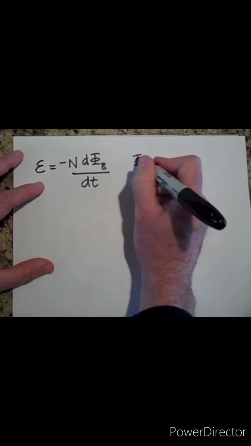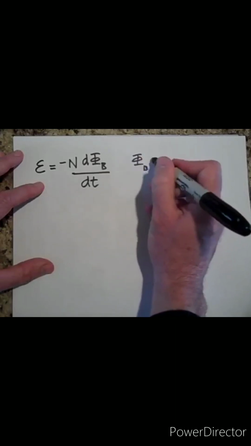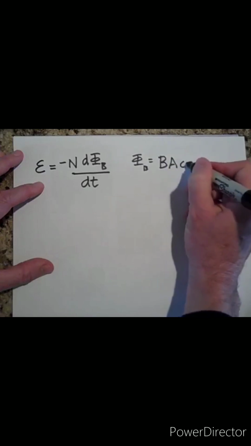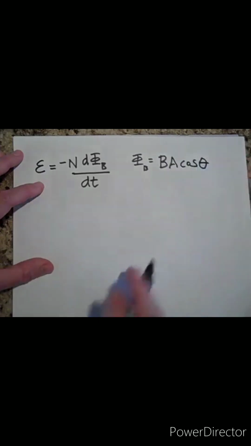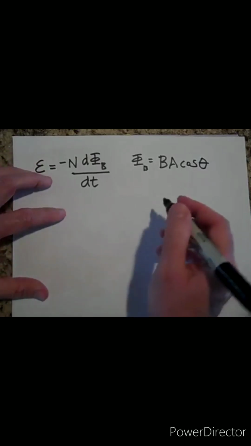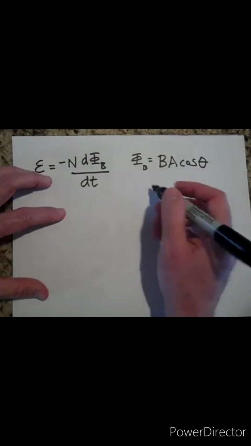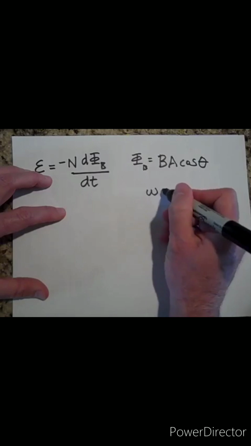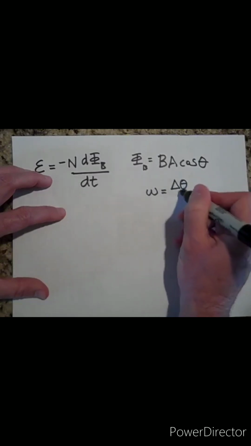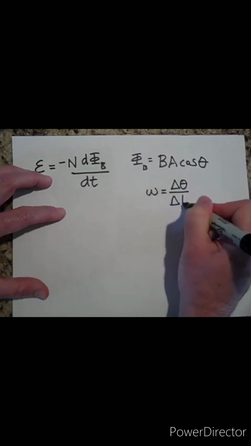So dΦ/dt, the derivative of BA cosine of theta. And now something about theta. Theta is related to the average angular speed, so theta over delta t.